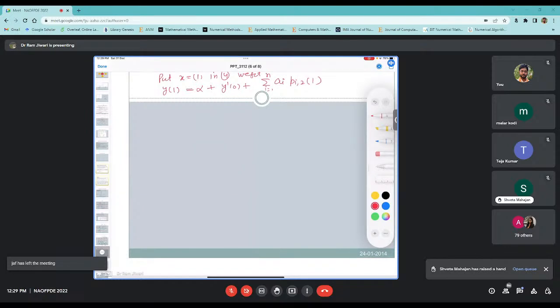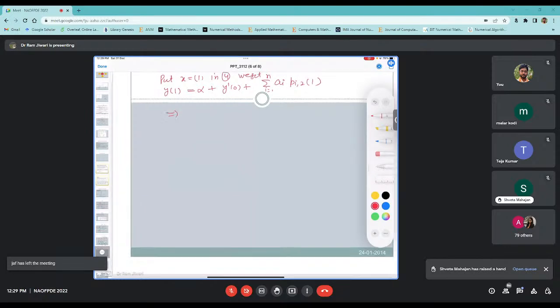Its value is also beta. So this implies y dash of 0 is equal to the summation; this will go to that side.